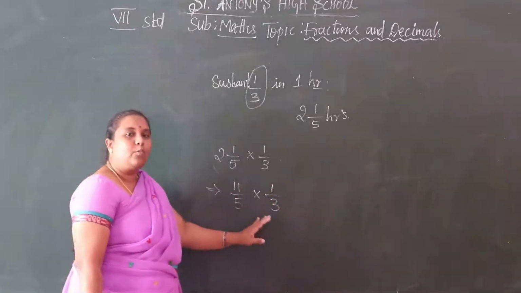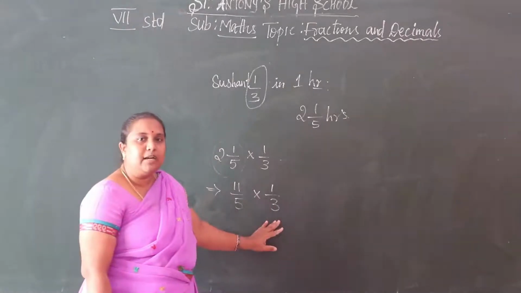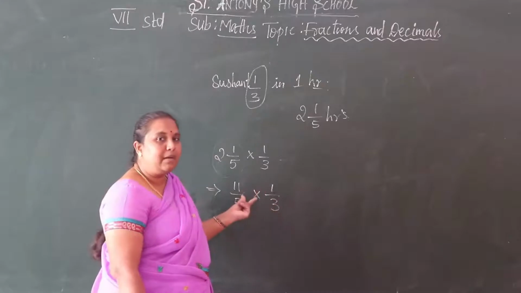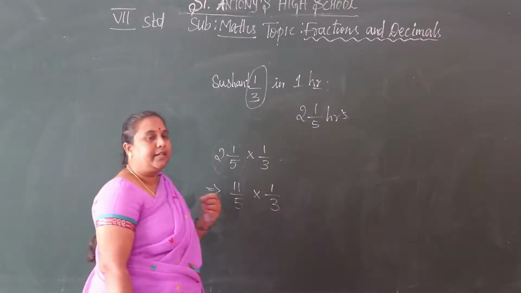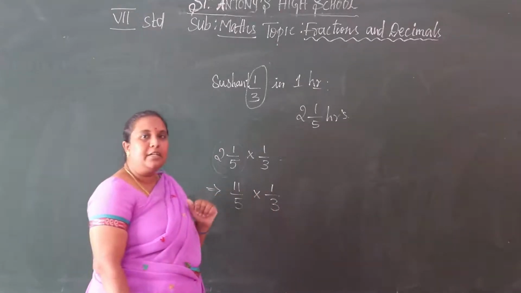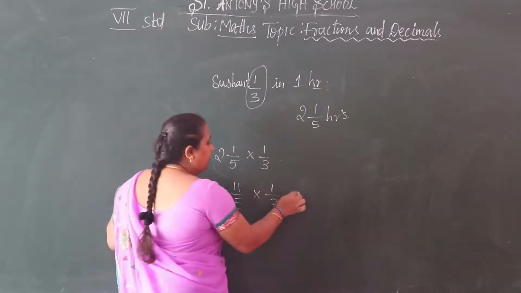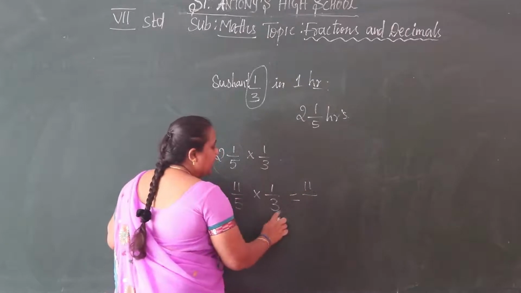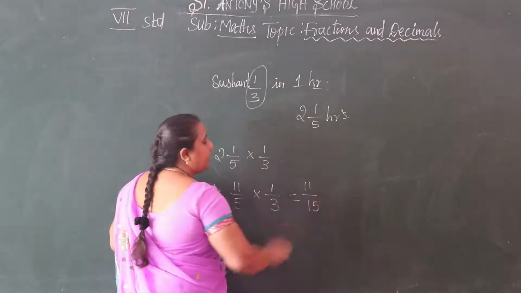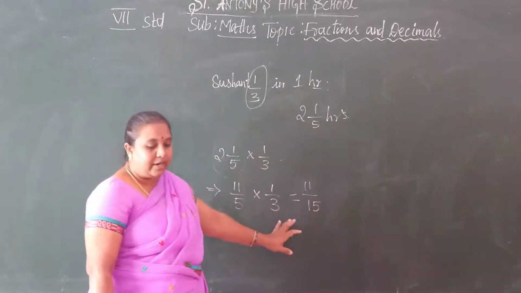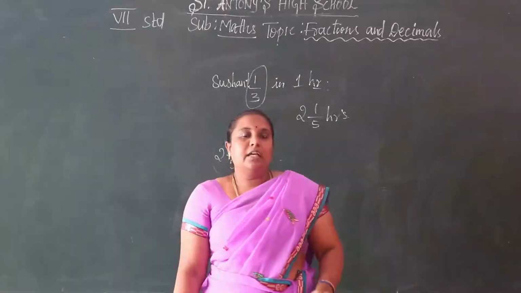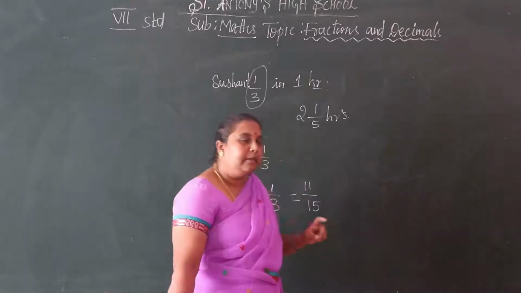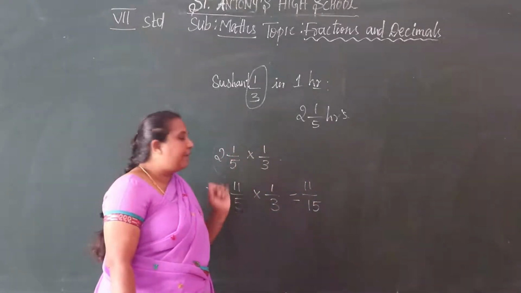After this, we want to multiply these two fractions, multiplying numerator with numerator and denominator with denominator. So 11 ones are 11, 5 threes are 15. He reads 11 by 15 part of the book in 2 into 1 by 5 hours.